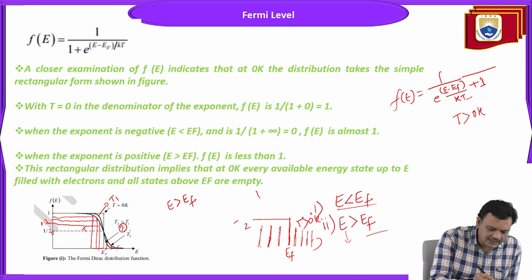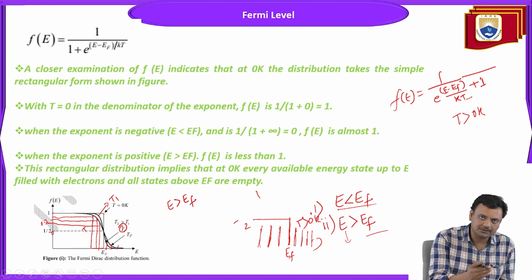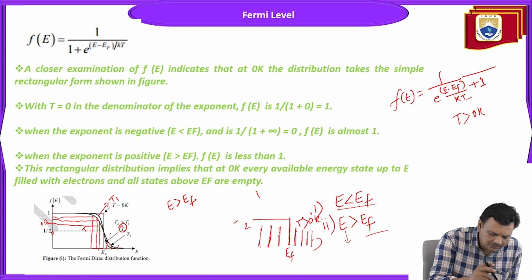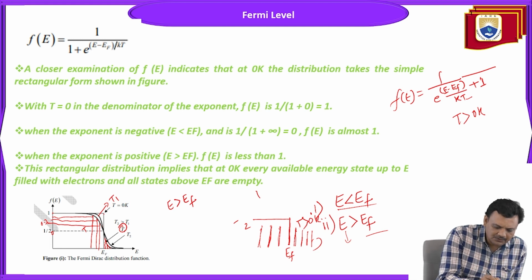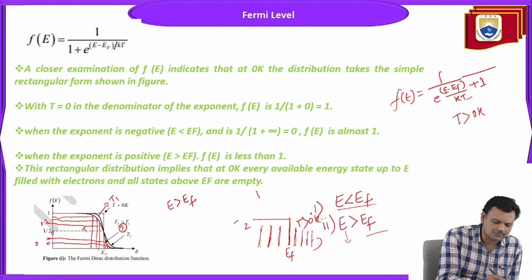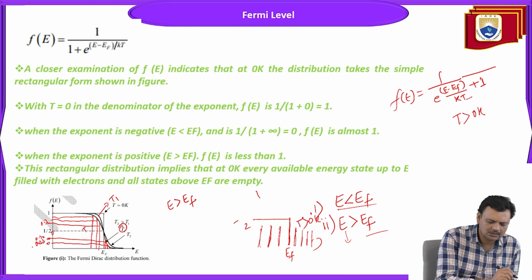So at T1 temperature, where T1 is less than T2, this is your T1 curve. For these energy levels, the chance at T1 is this much, some value around 0.25 or 0.30.